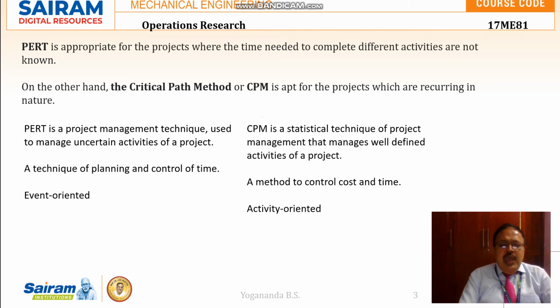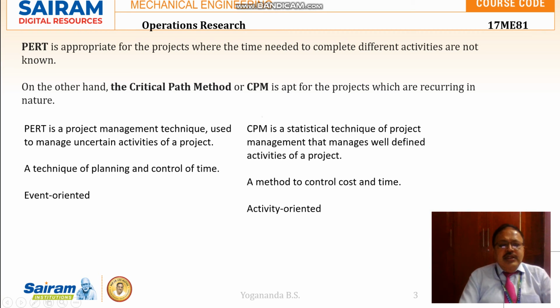But when we have an unusual project, where the activities involved are very different from the everyday routine work, in such projects we go for PERT. PERT is a technique used to manage uncertain activities of the project, whereas CPM manages the well-defined activities of the project, as I said earlier.